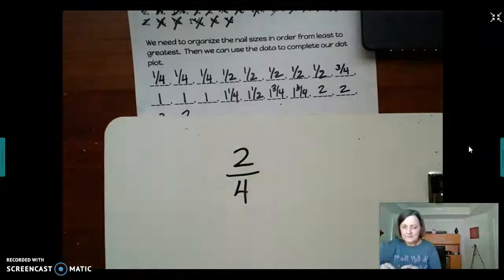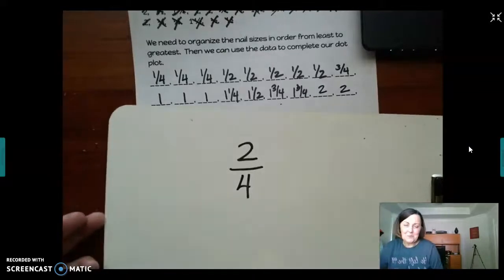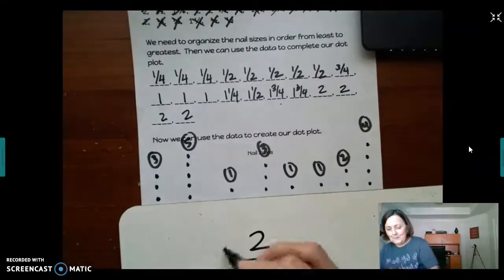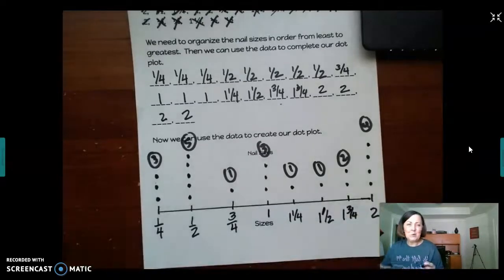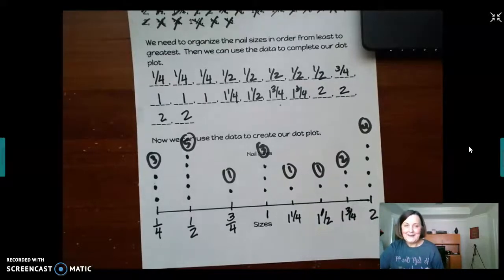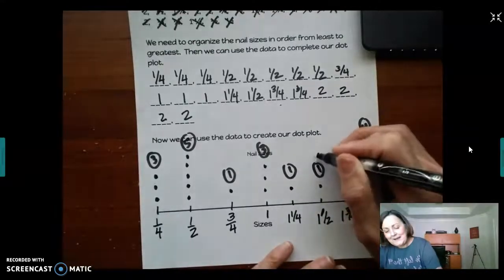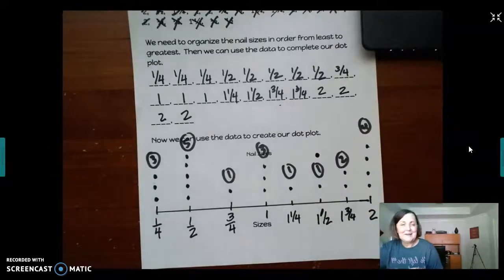Well, if you noticed, 4/4 is a whole and 2/4 is half of a whole. So where could we put 1 2/4? Because we know it's equivalent or the same as 1 1/2. So we could go and put it back on our dot plot since I found it on the floor.